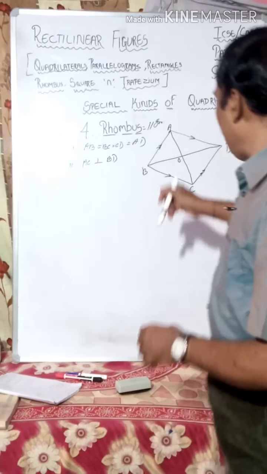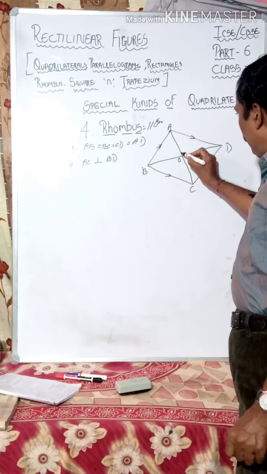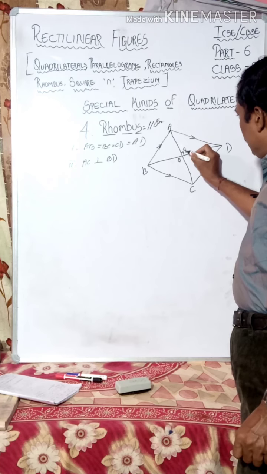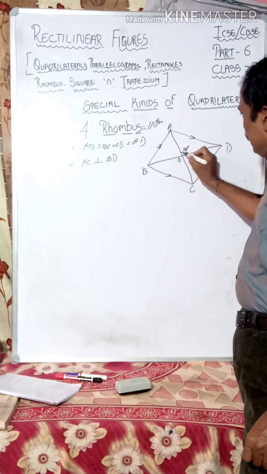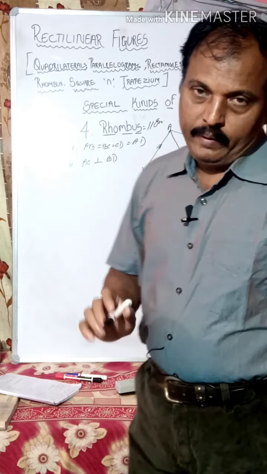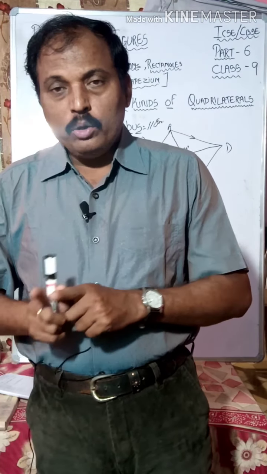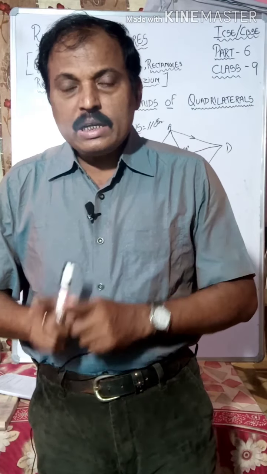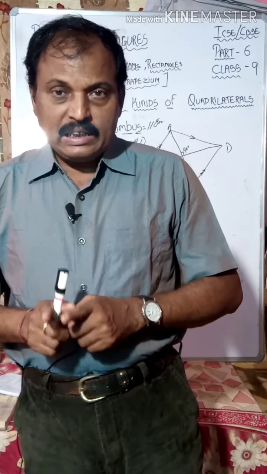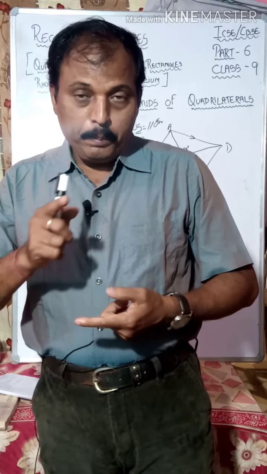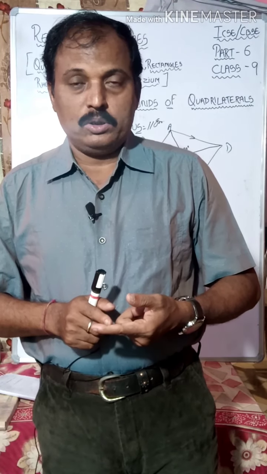So at O, this is 90 degrees, this is 90, this is 90 and this is 90. So the two diagonals are perpendicular to each other in a rhombus. What is a rhombus? A parallelogram in which all sides are equal, or adjacent sides are equal, is called a rhombus.